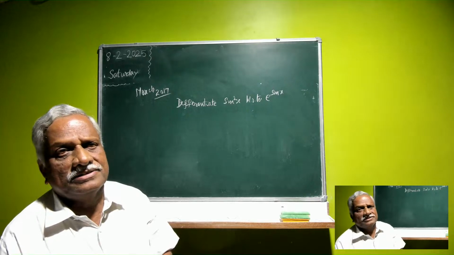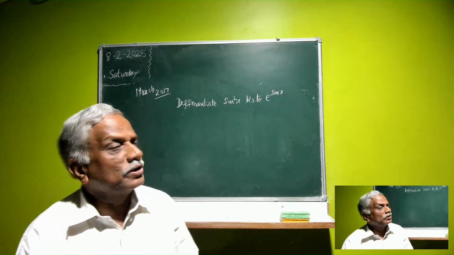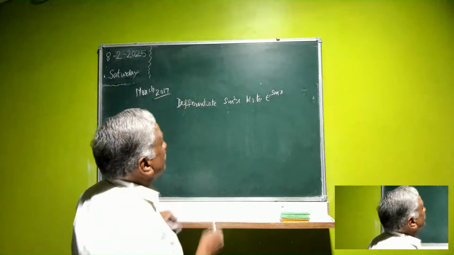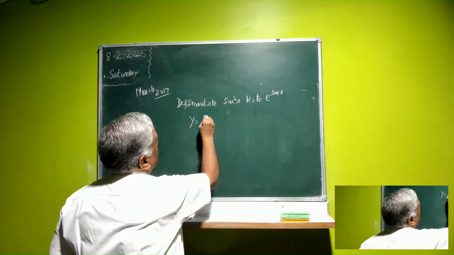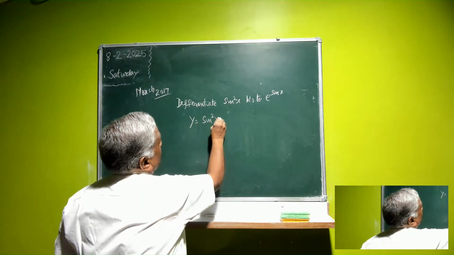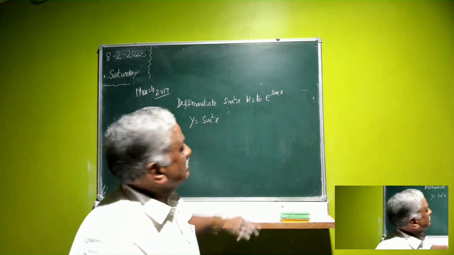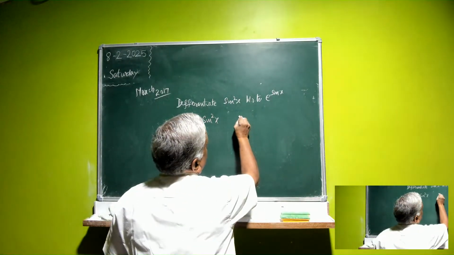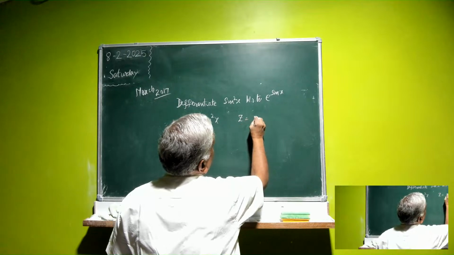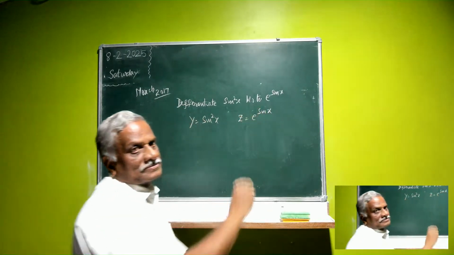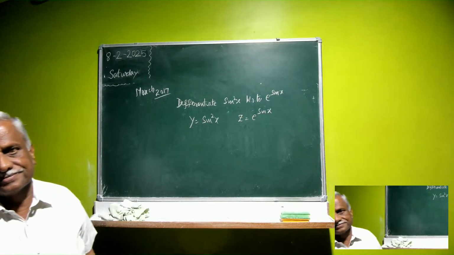Not very difficult. The analysis of the problem is very important. Differentiate sin square x. I will call sin square x as y. And I will call this as z. Anything I can call, I will call this as z, because I cannot use x.